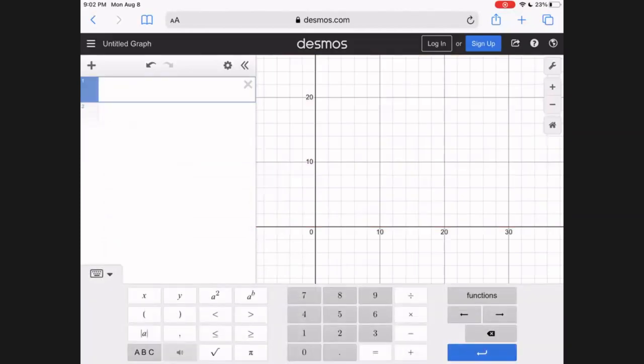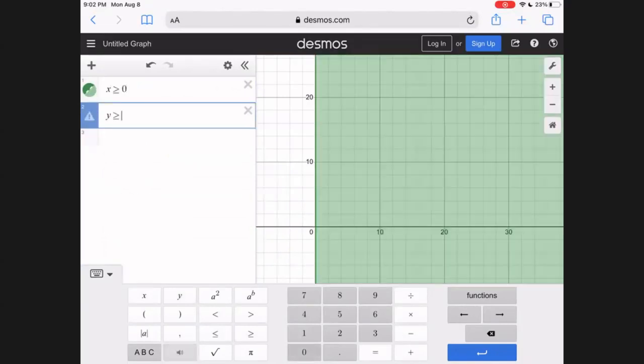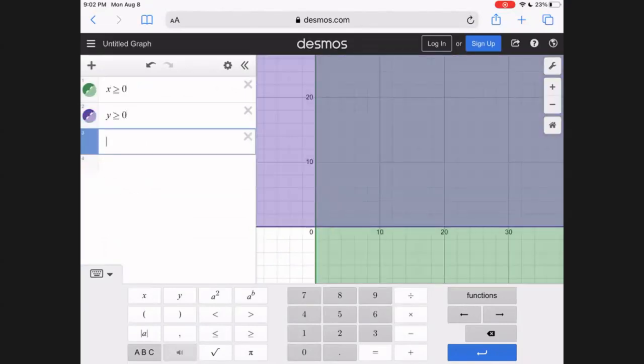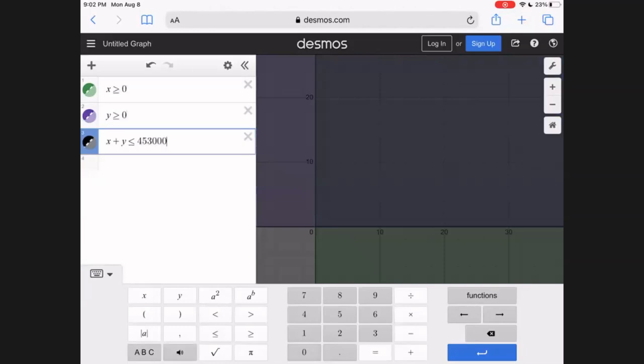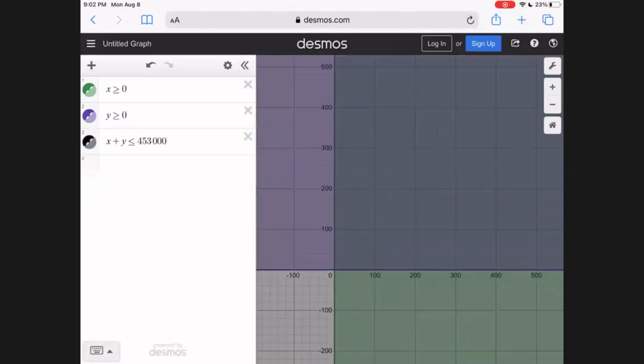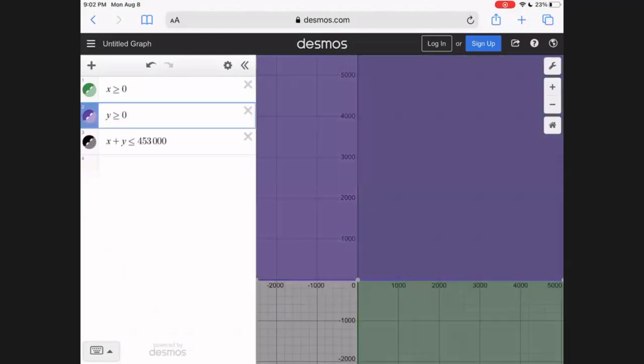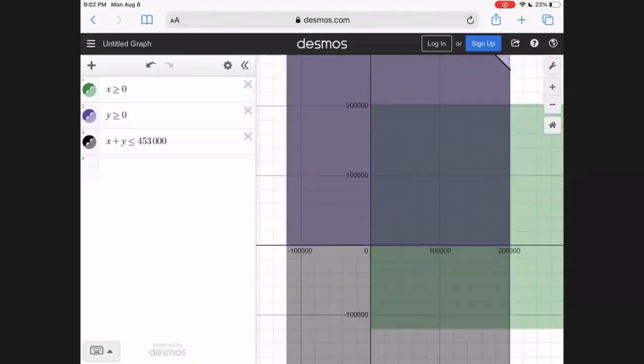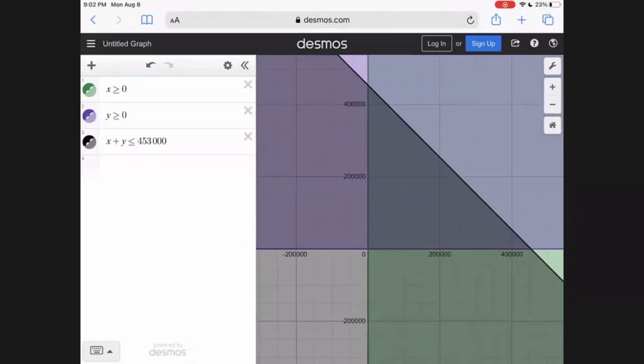All right, so we know that x is greater than 0, y is greater than 0, because we have to have money in each account, at least something non-negative. And then we have that our investment has to be, so it's pretty large, so we can zoom out quite a bit and kind of see where this triangle is. Okay, so we see the triangle right there.